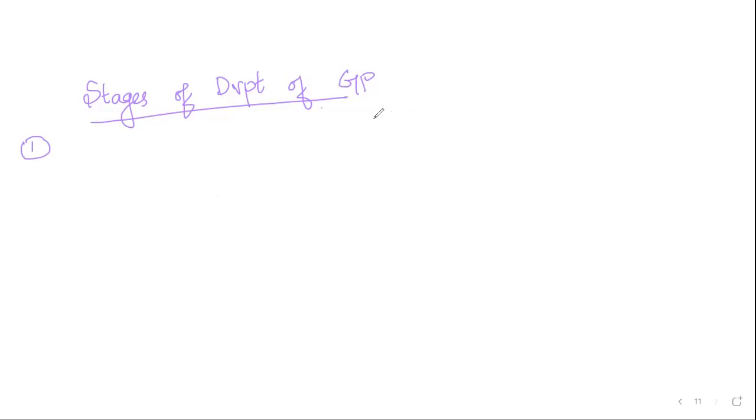This is not a hard and fast classification, but generalized stages of development. So the first thing is the period of stationary growth.